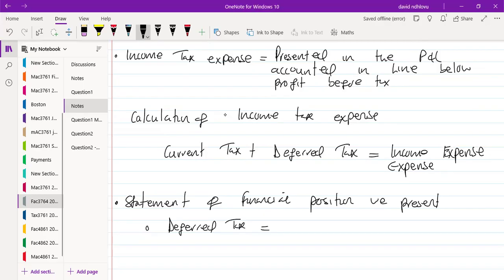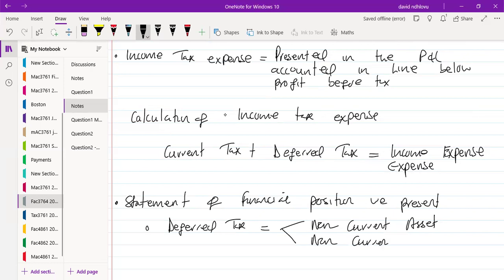Deferred tax can fall either under non-current assets, if it's a deferred tax asset, or it can fall under non-current liabilities.